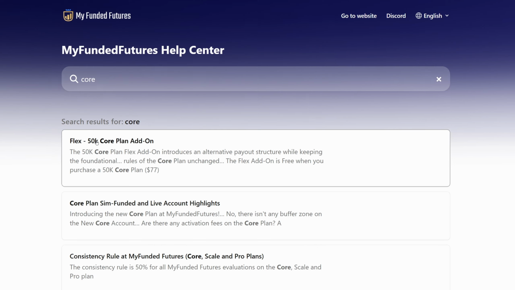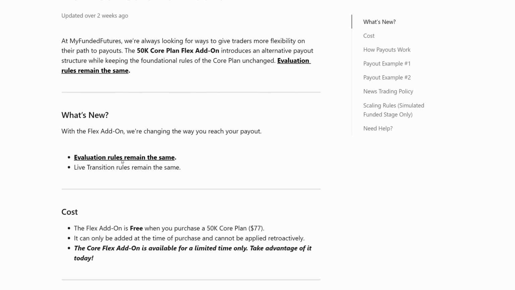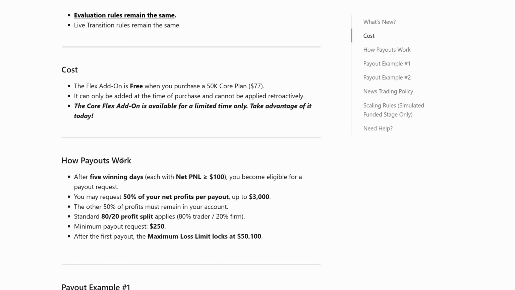However, they have recently introduced the Flex plan that is an add-on for the Core account, and best yet, that add-on is absolutely free, at least at this time. With that Flex add-on, you may request up to 50% of your profits, up to $3,000. So now, instead of only being able to take out $1,000 per payout, you're able to take out a maximum of $3,000. This is going to be a big upgrade.